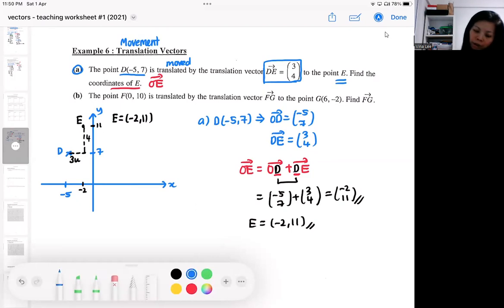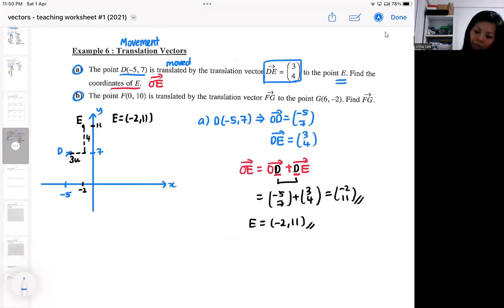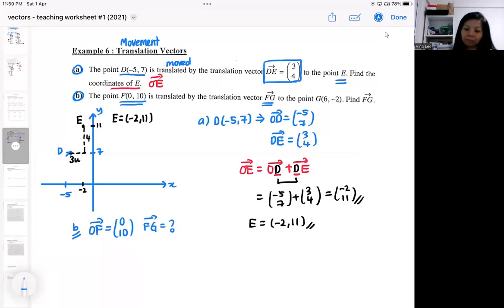So let's try question B. If you are going to try question B, we got a coordinate which I can change to a position vector. And now my FG is a blank. So you realize my FG is the blank.